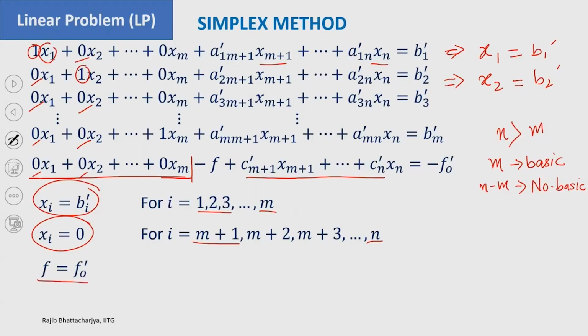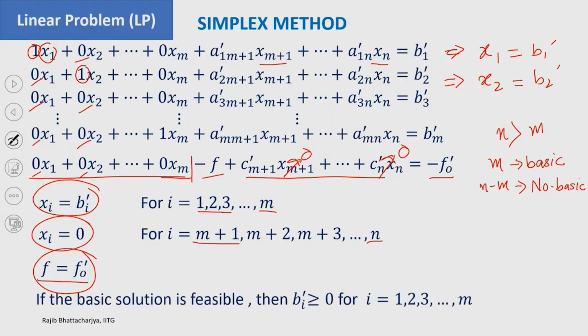From the last equation I can write f equal to f naught dash. I am getting the objective function value from the last equation, because the non basic variables are equal to 0.